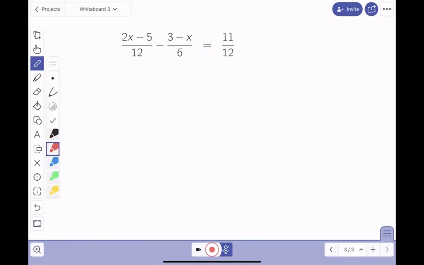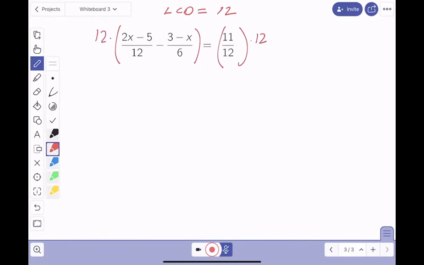What I would recommend for you to do, if the fraction's bothering you, is write down the LCD. What's the LCD? If you look at it, I hope it's simple. For example, between 12 and 6, the least common denominator would have to be 12. What I'm going to do here is multiply both sides by 12. Now, someone's going to say it's going to be really tough to do.